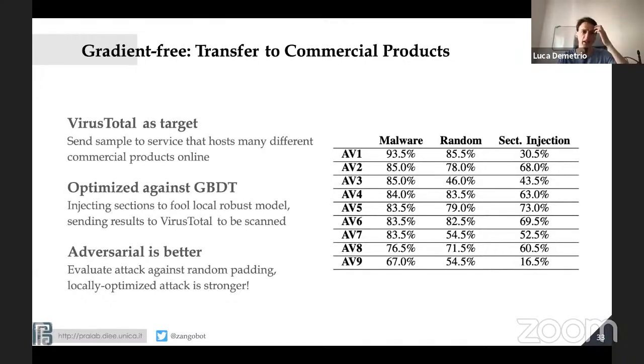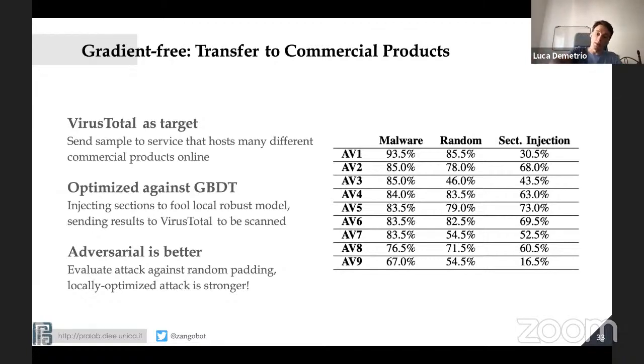And we did the same thing. So we optimized attacks against the tree with the section injection attack that I told you before. And with that, we also take the same malware and add random content at the end. And then we send both of these to VirusTotal and see what happens.